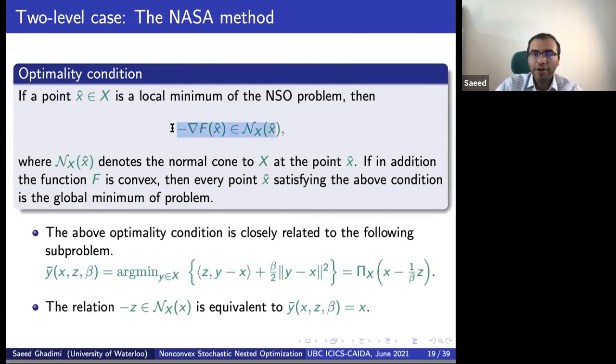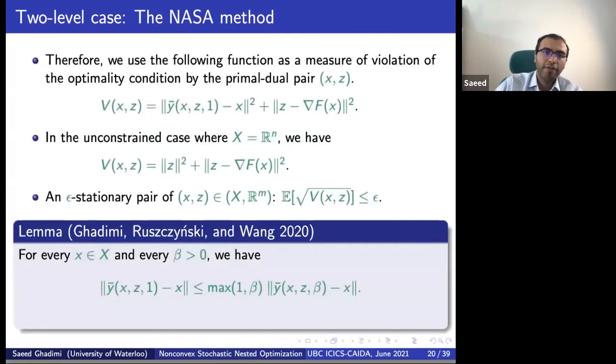Indeed, for this z, if we say that negative z belongs to the normal cone of x, this means that the solution x here equals the solution of the subproblem. So if this z is just the gradient of f at x, then this x would be a local min of the function. By using this observation, we can define our measure for the violation of the optimality condition.